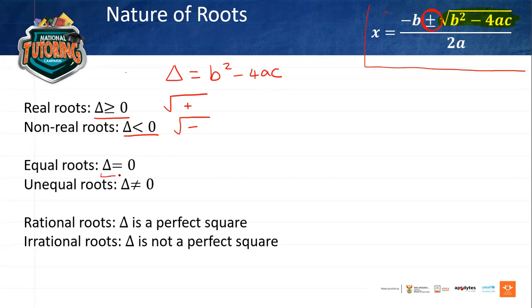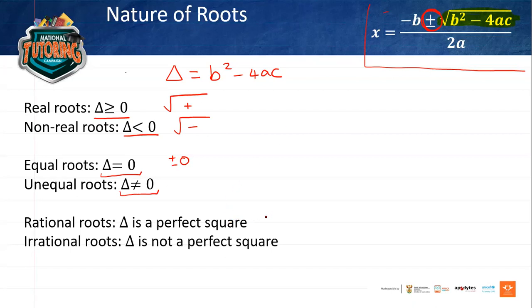That is why we've got delta equal to 0 for equal roots and delta not equal to 0 for unequal roots. Because if it's not equal to 0, I get plus something or minus something, which would give me two roots.